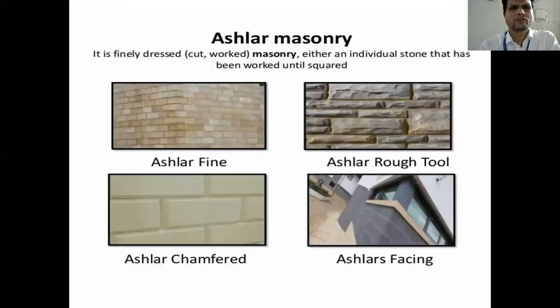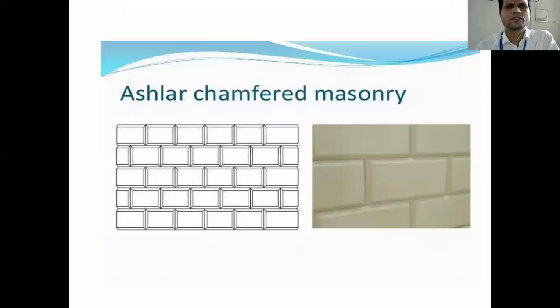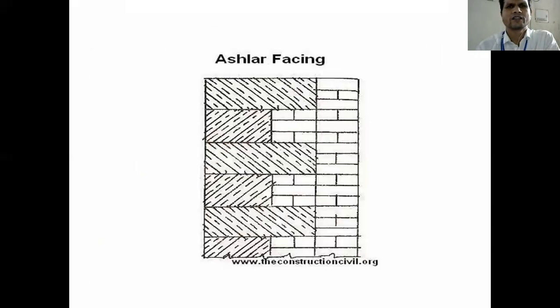These are the pictures of ashlar fine, ashlar rough tooled, ashlar facing, and ashlar chamfered. In chamfered, we have made angular projections. It also gives a good aesthetic view. This is the example of ashlar chamfered masonry and ashlar facing.